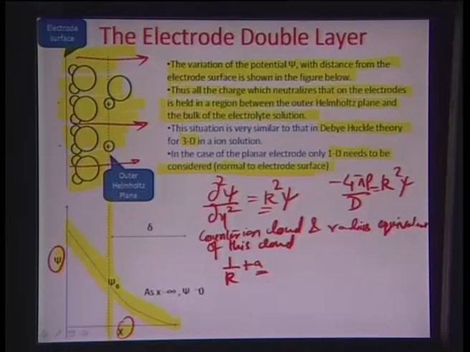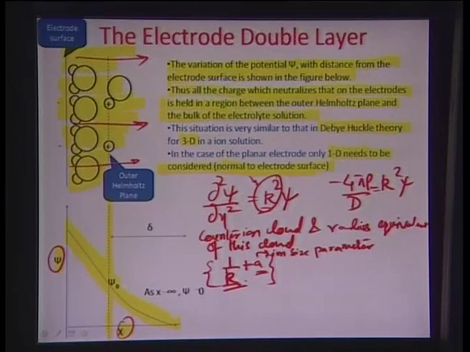A was essentially the ion size parameter, and k was something that we assumed to be the equivalent of whatever the charge term was in Poisson's equation here. So, this is essentially the effective ion radius.